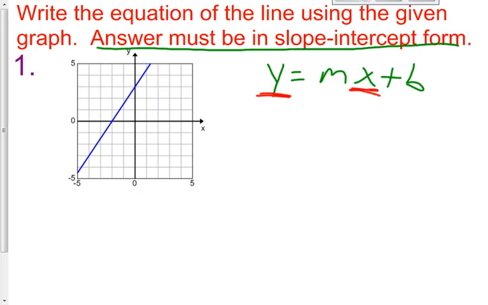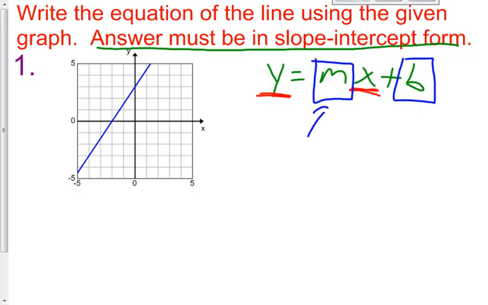Those are ordered pairs, not specific ordered pairs, but they represent every ordered pair. So what we need to find is m and b. Once we have those two, we just simply substitute them into our equation and we are done.